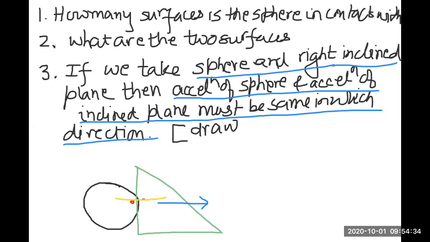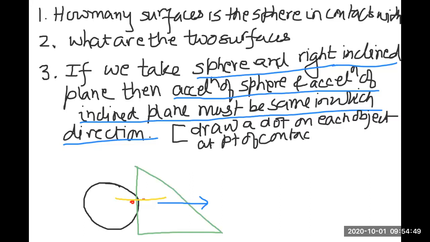Draw a dot on each object at the point of contact and connect by a line.